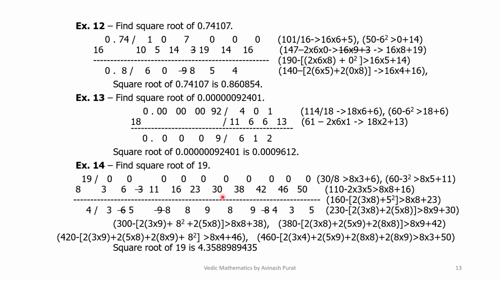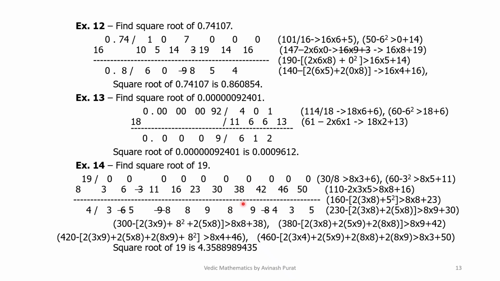Now 300 is the next dividend. 300 minus 2 into 3 into 9 plus 8 square plus 2 into 5 into 8, that is 54 plus 64 plus 80, that is 198, and 102 is the balance. So 102 divided by 8, 8 is the quotient and 38 is the remainder.